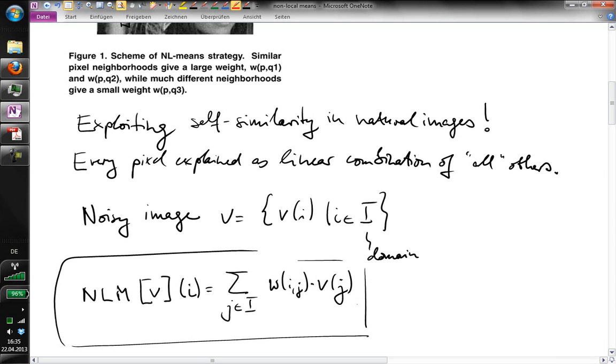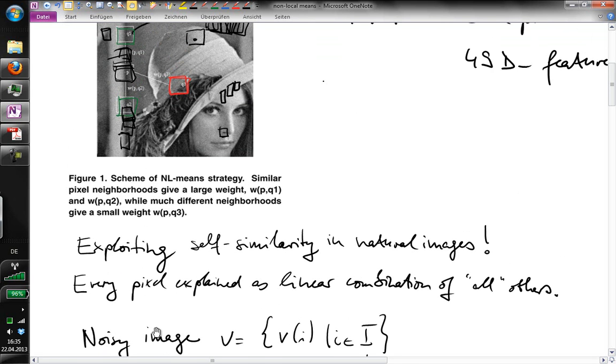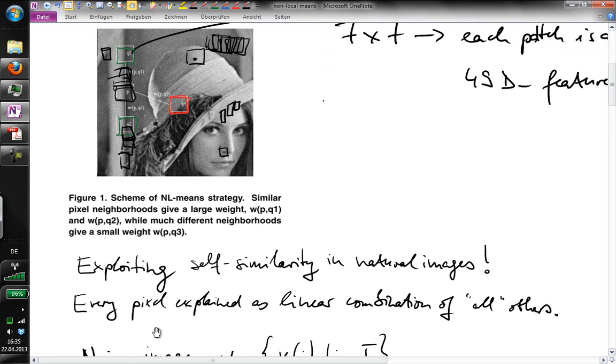Yes, so in practice, you're right, one does not search for all patches. I think in the original paper it says we look at all 7 by 7 patches, but only in a 21 by 21 neighborhood, something like this. But these are just heuristics to make it faster. So they do not change the principle of the algorithm.